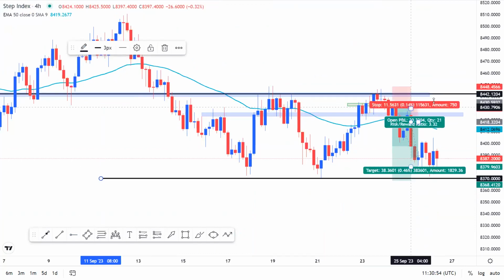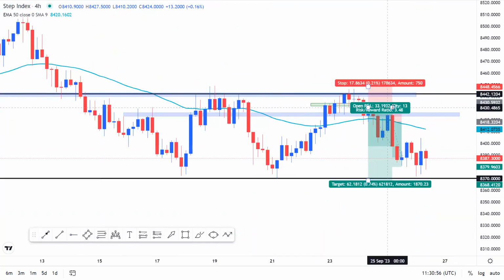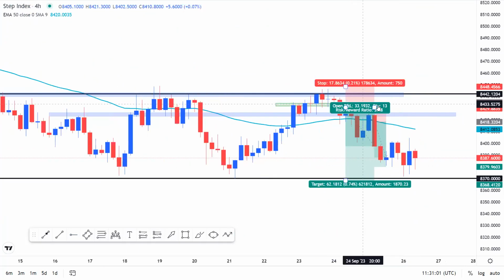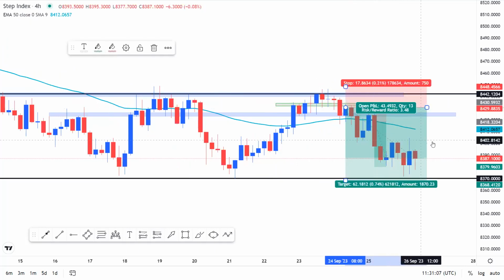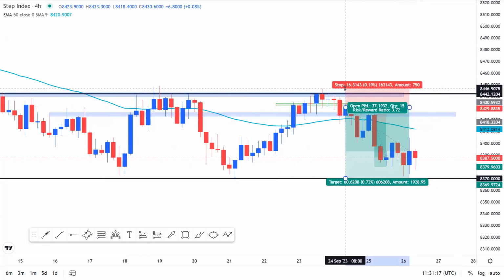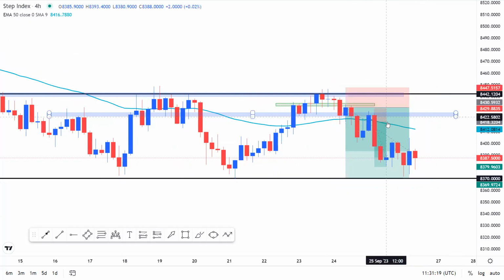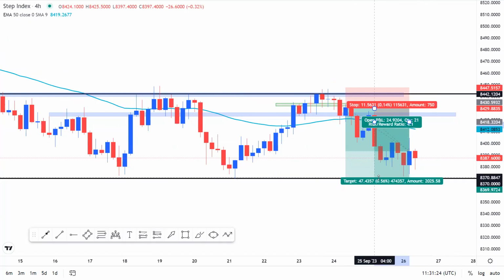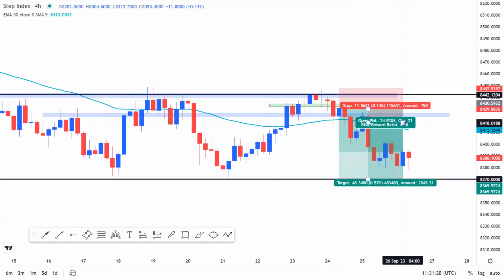So this was my first trade right here, and then the next trade was right here.